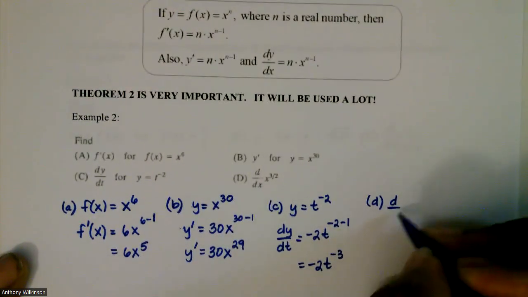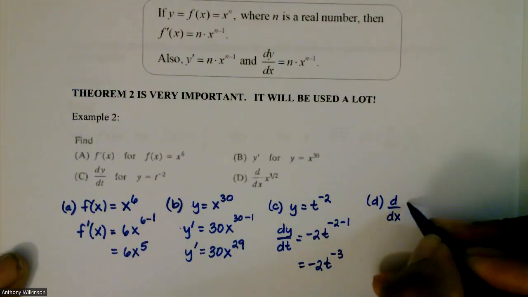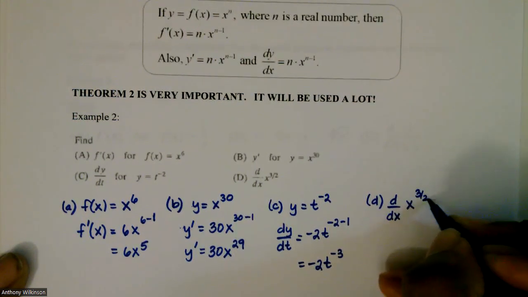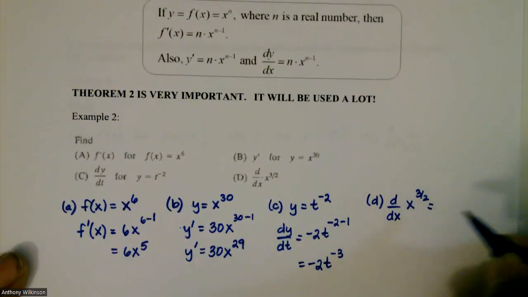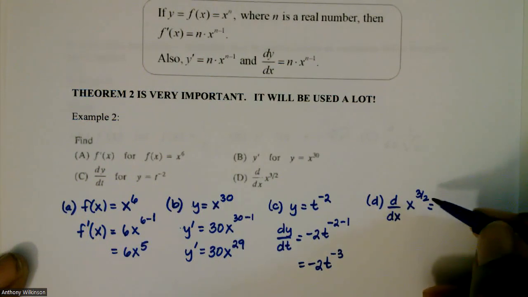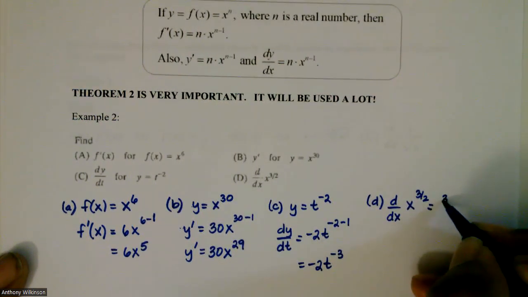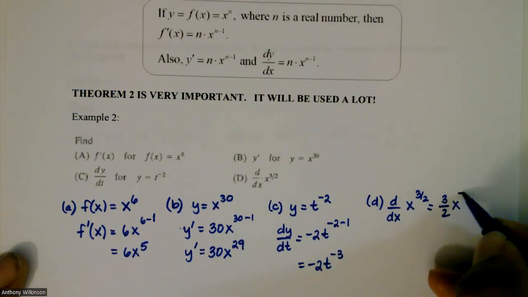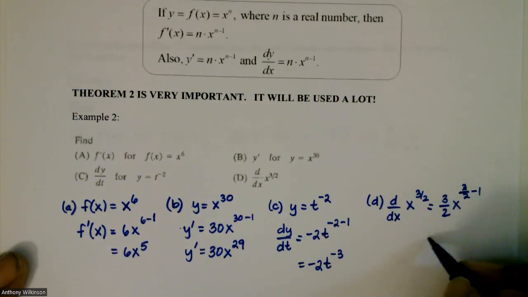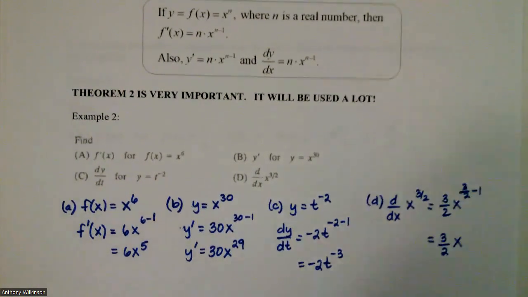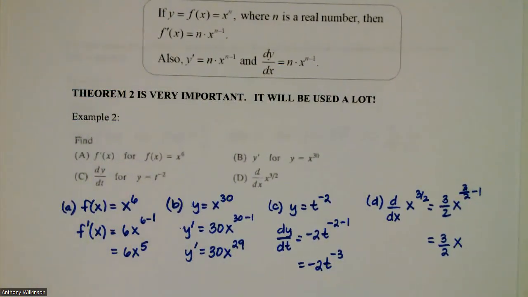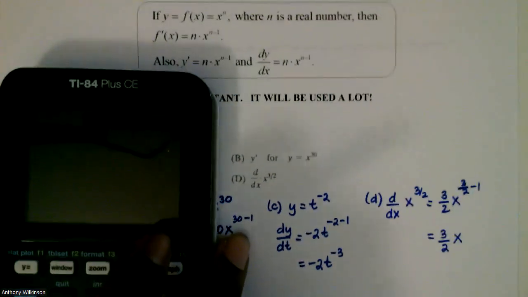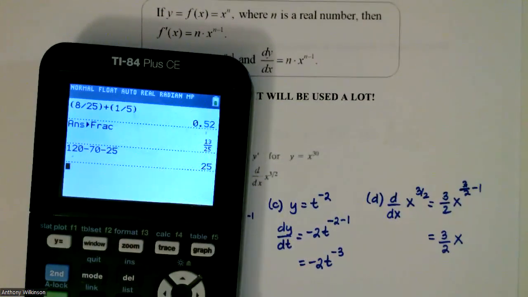The derivative with respect to x of x to the 3/2. So to find out what that derivative will be, you're going to bring the exponent of 3/2 in front of the x, copy the x over as x to the 3/2 minus 1. So this will be 3/2 x to the. Now, if you do 3/2 minus 1, you can pretty much do this in the calculator, you want that as a fraction.